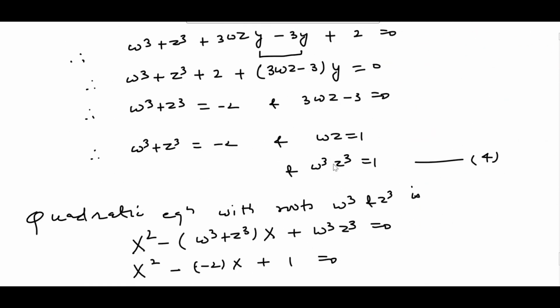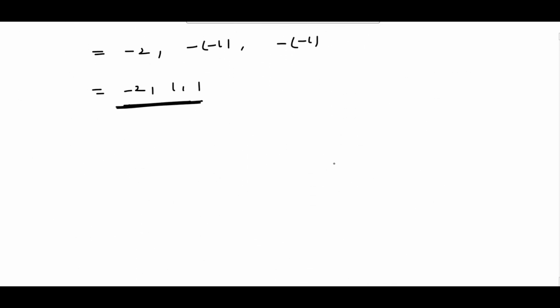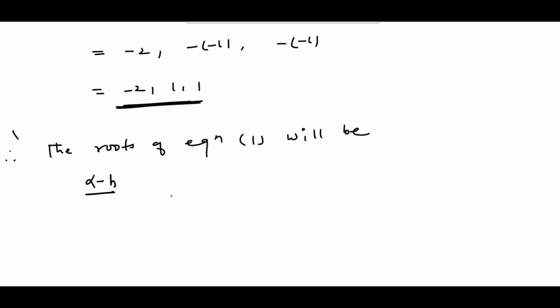So further, the roots of equation 1 will be, as we know that alpha minus h, that is the root, alpha minus h is negative 2, beta minus h is 1, and gamma minus h is 1.